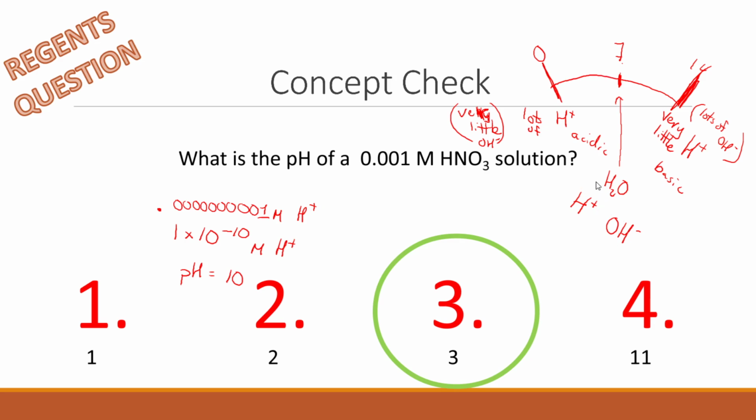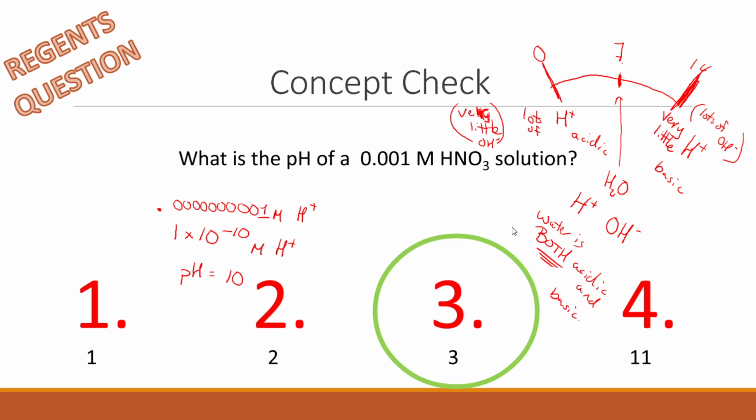Water is our neutral pH because it's exactly in the middle. It's not lots of H plus and very little OH minus. It's not lots of OH minus and very little H plus. It's exactly equal H plus and OH minus. Right? Water is both acidic and basic.